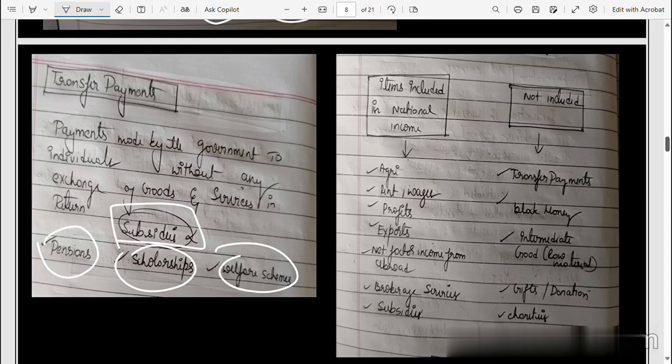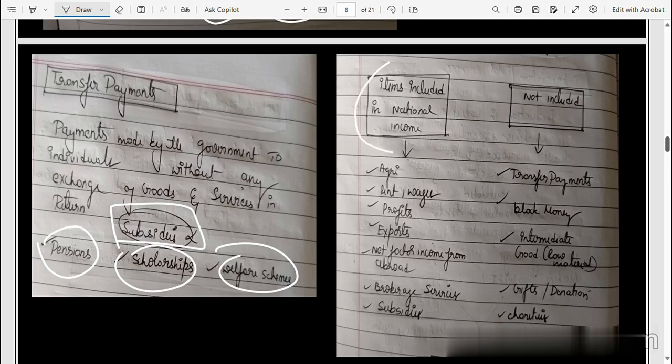If I am a retired person, the government is paying me a pension, but in return I am not doing anything for the government. I am not working in the society or paying through tax. I am simply sitting after retirement, but the government is paying me. That is called transfer payments, which includes pensions, scholarships, welfare.